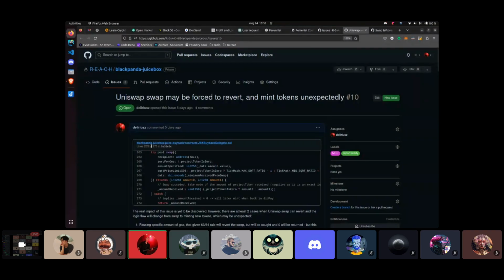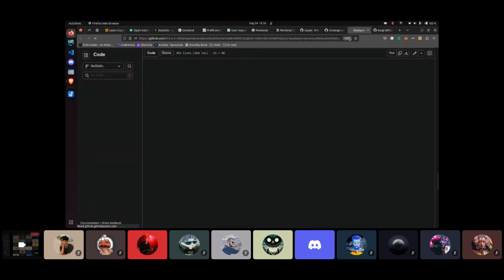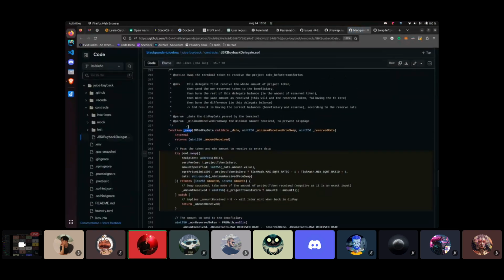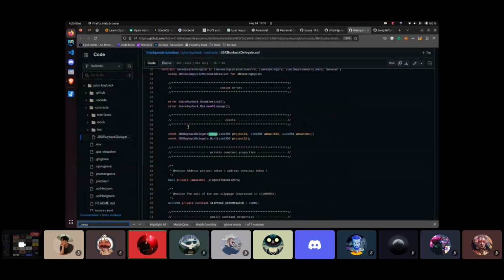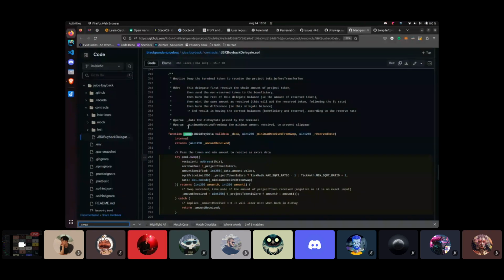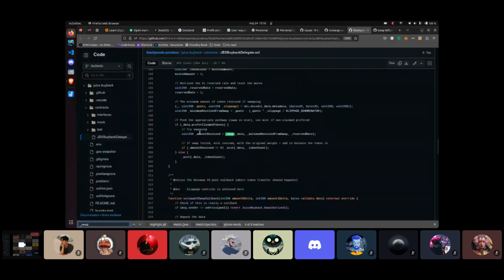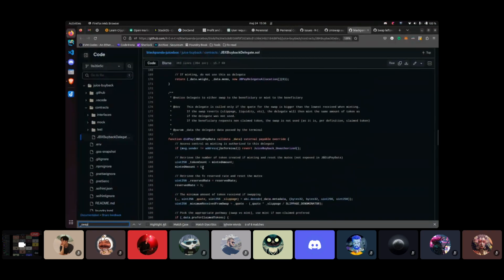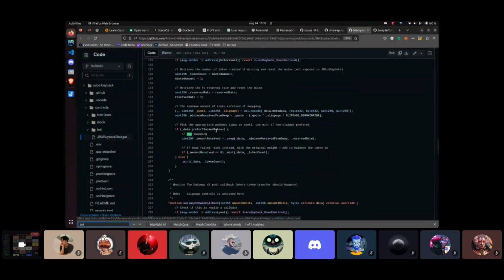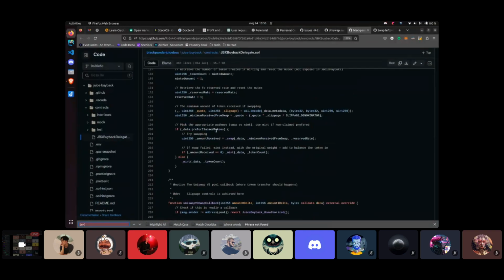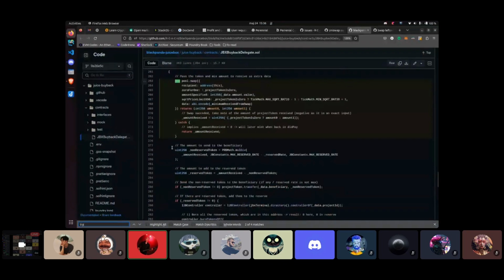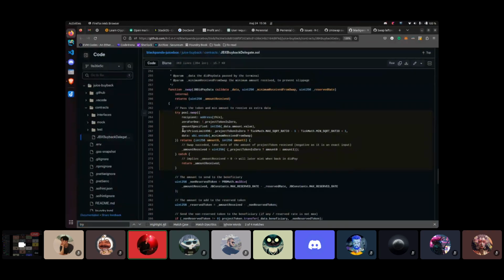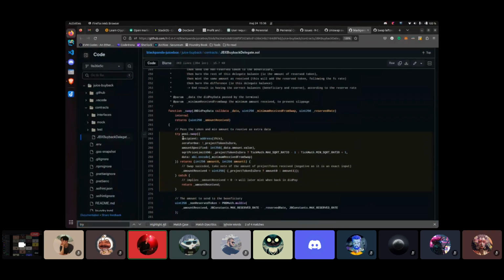The second issue is actually quite interesting, and I will briefly describe it. Okay, it was here. As I said before, there are 2 paths.